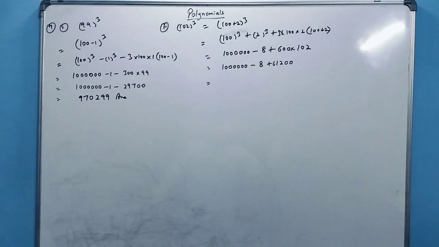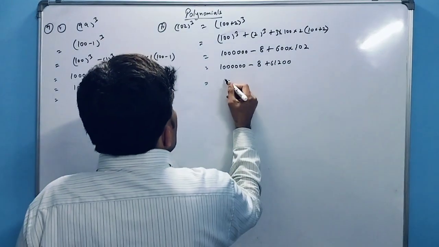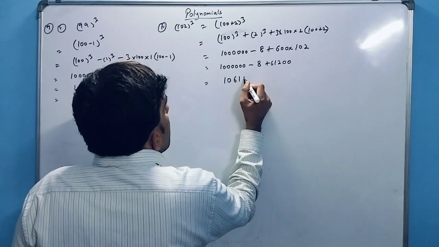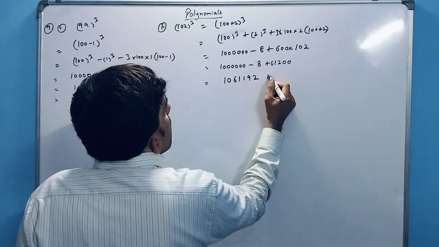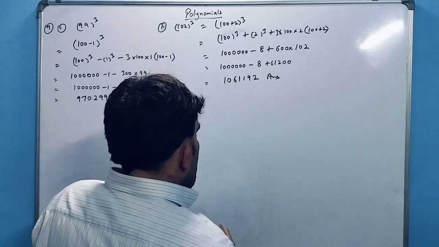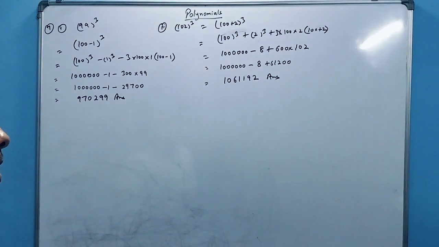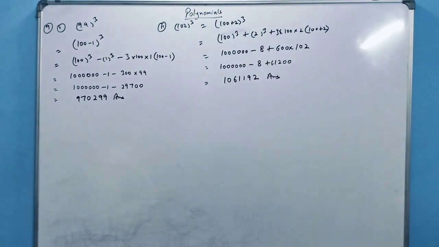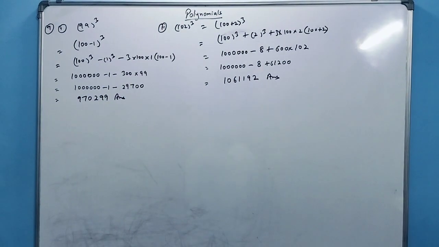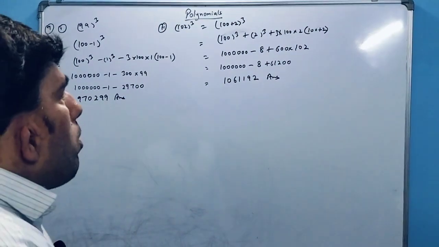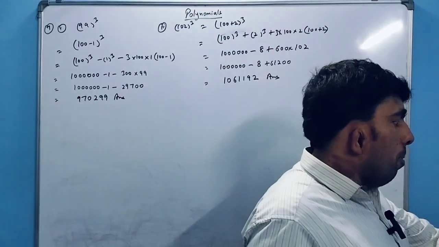Okay, so I got the answer 1061208. So that is how we can easily solve such kind of numerical. So now we'll try to solve more numericals.